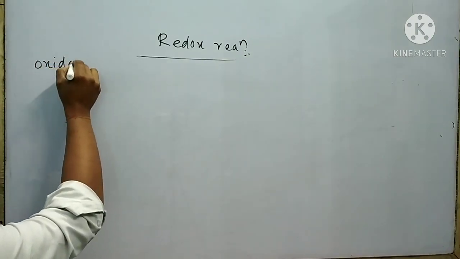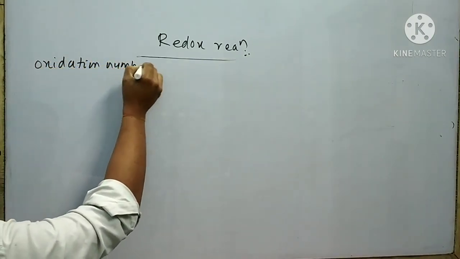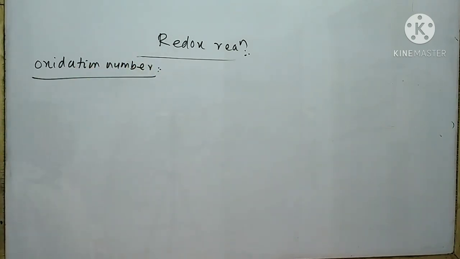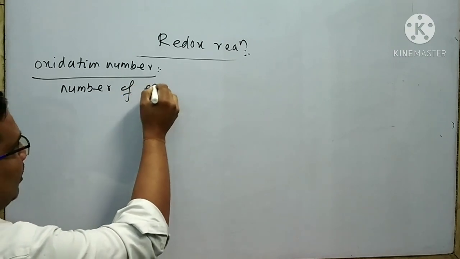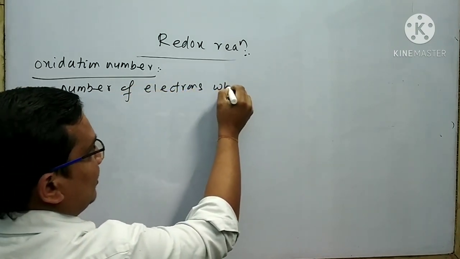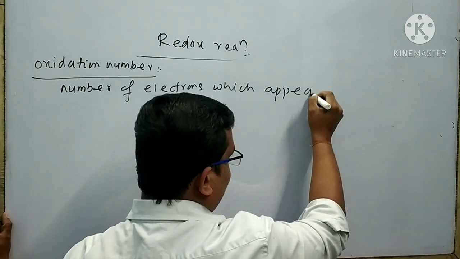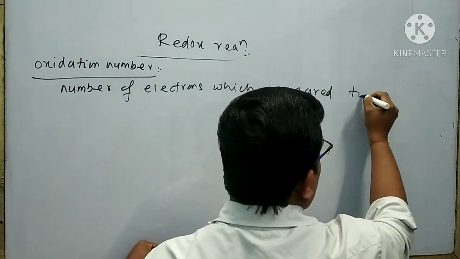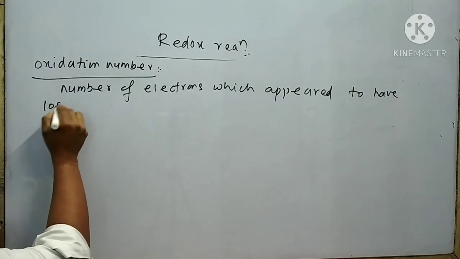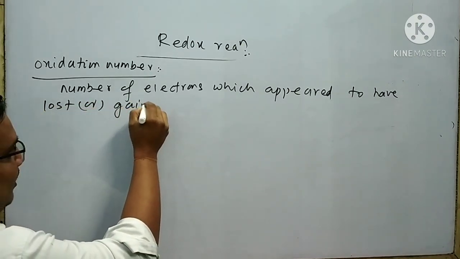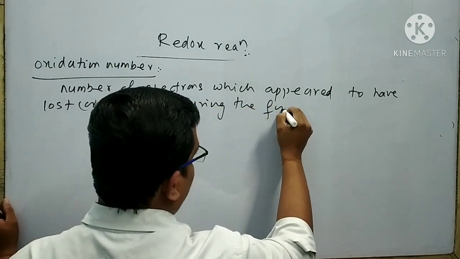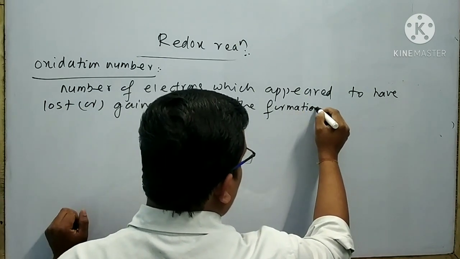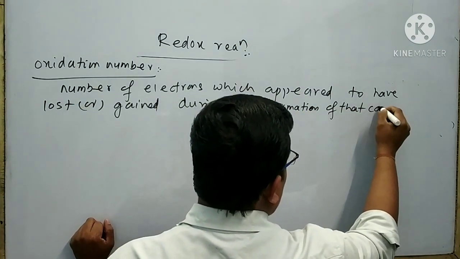Next, I want to explain the oxidation number. What is the meaning of oxidation number? The oxidation number of an atom in a compound is the number of electrons which appeared to have been lost or gained during the formation of that compound.